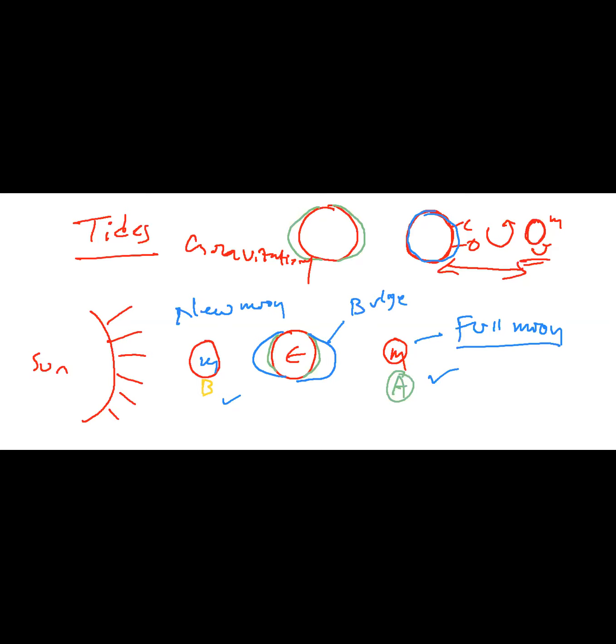That means the moon's gravity will pull the sea waters either on this side or on that side. So at position A and position B, these tides are what we call spring tides.